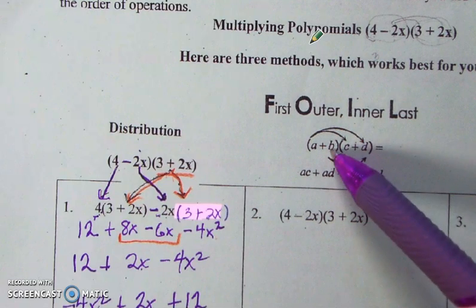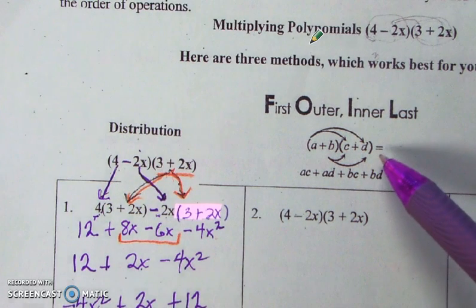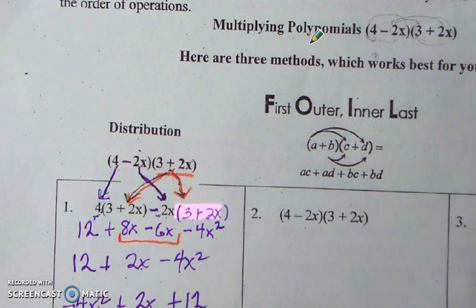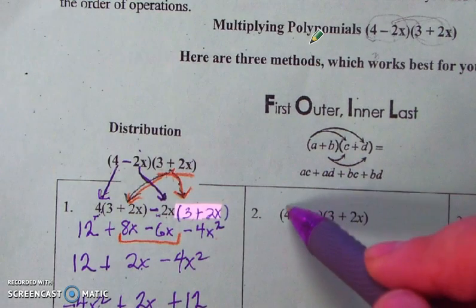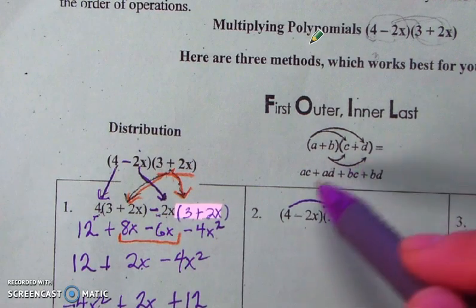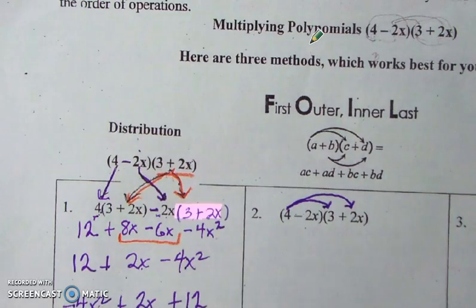Inner, last. So then I go to the inside number, multiply it there, then multiply it there. It's kind of confusing when we're looking at it as A, B, C's, and D's. So let's look at it with real numbers, and we're going to draw arrows as we do this. We're doing 4 times the 3, and then the 4 times the 2x.